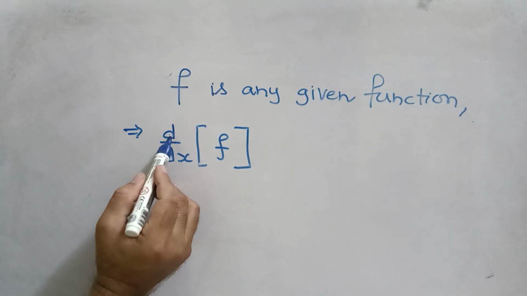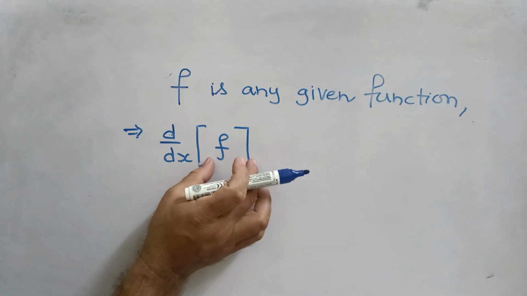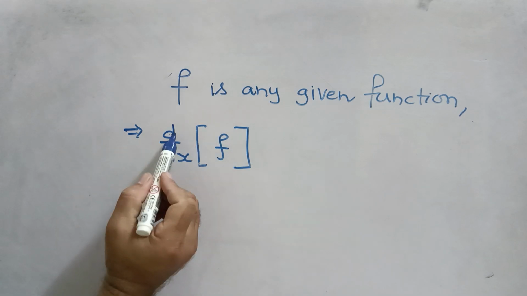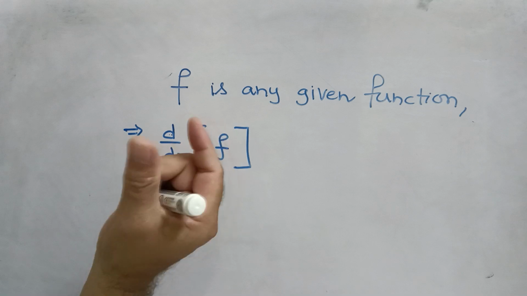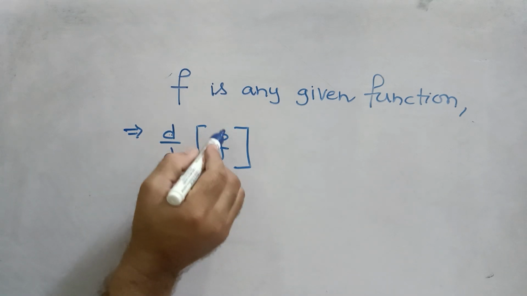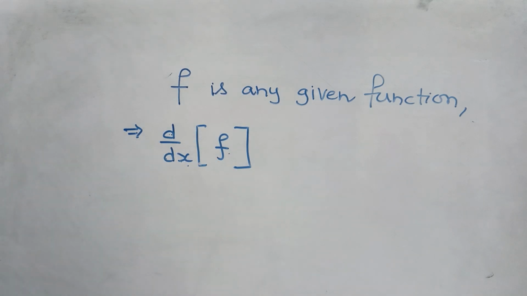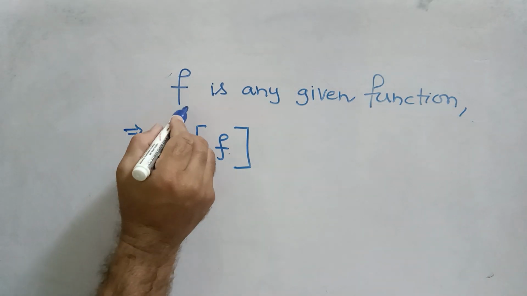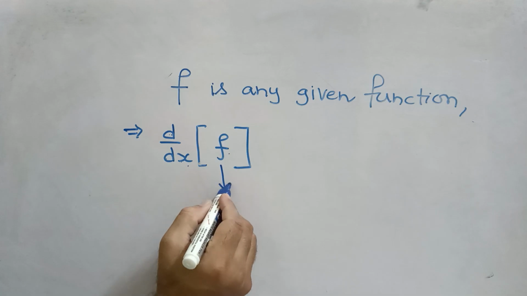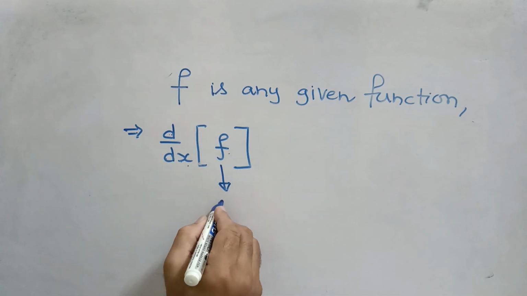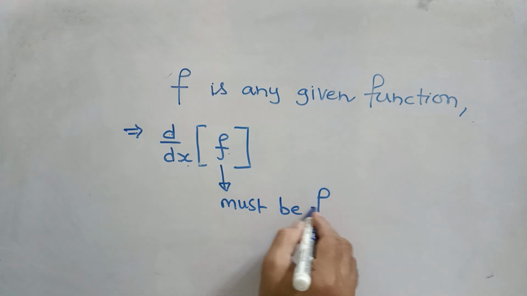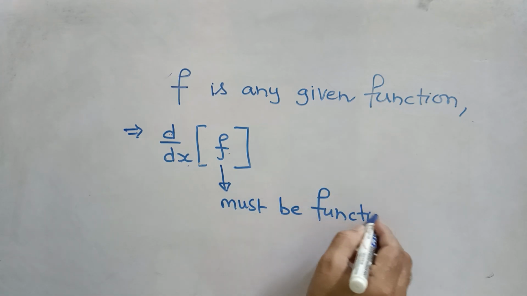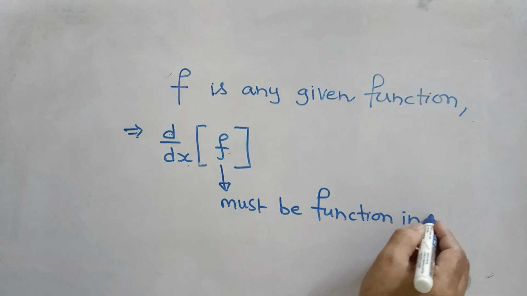If you write d by dx of f, that means I am going to apply the differentiation to this function with respect to x, given that this function must be a function of x, in variable x.